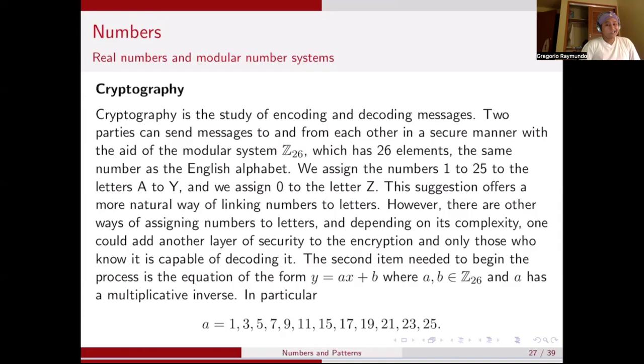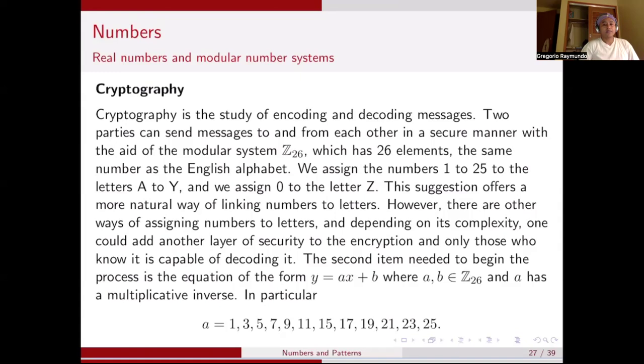Ang 26 ay hindi prime number, so hindi lahat may multiplicative inverse. Z26 has 26 elements, the same number as the English alphabet. We assign the numbers 1 to 25 to the letters A to Y, and we assign 0 to the letter Z.